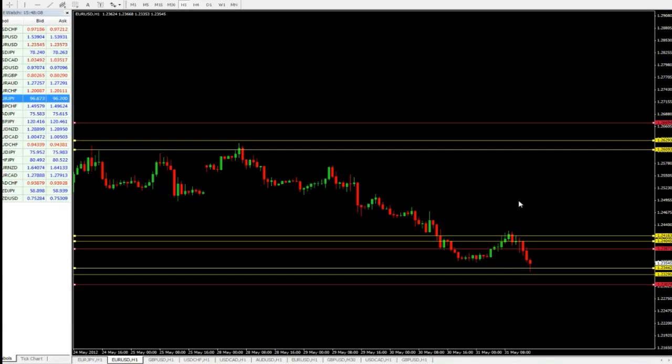So, in using the levels, I want to go over just a couple trades that might help you understand how to manage a trade that overshoots the cap. The levels don't hold during the day, or it doesn't even give you the 20 pip bounce, which will happen the majority of the time.